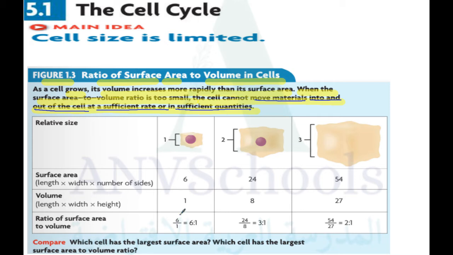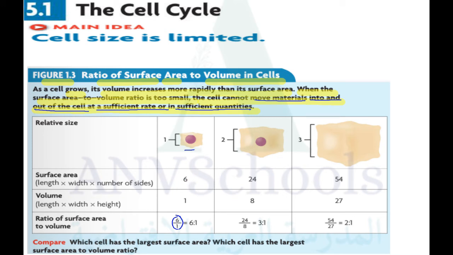When the cell is small in size, the cell here is measured in centimeters. So here it is 6. If you take the surface area, you will find that the surface area is 6. Actually, this is not in centimeters because cells are very small.